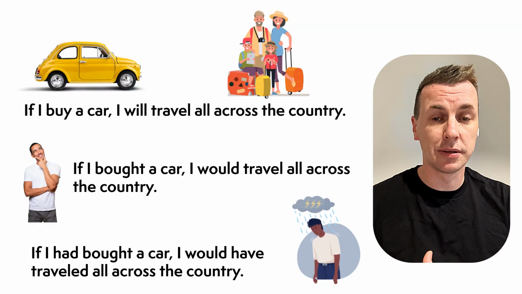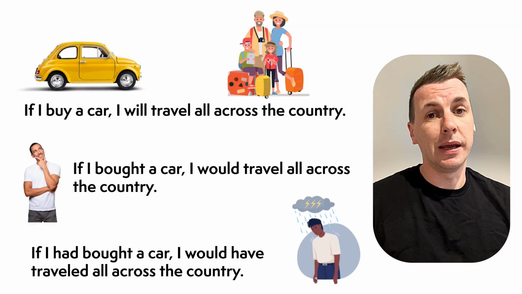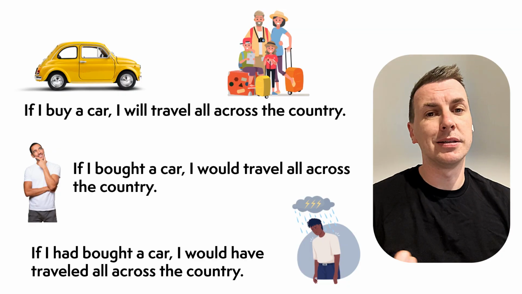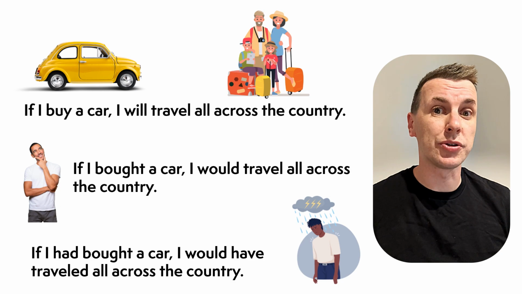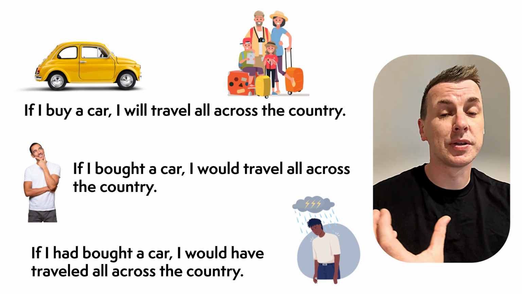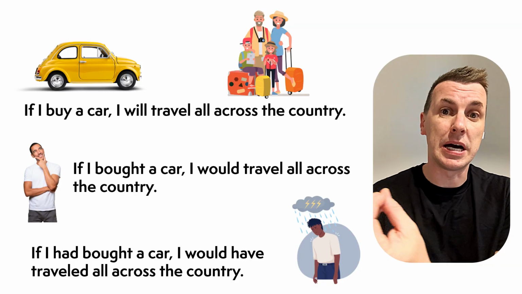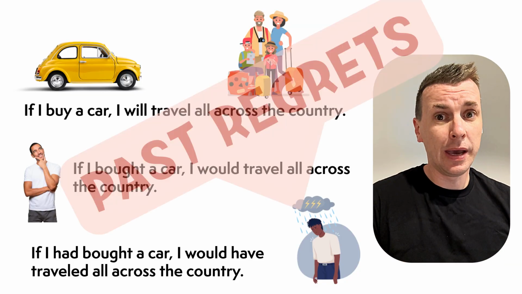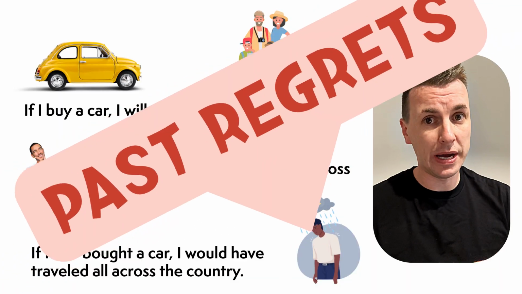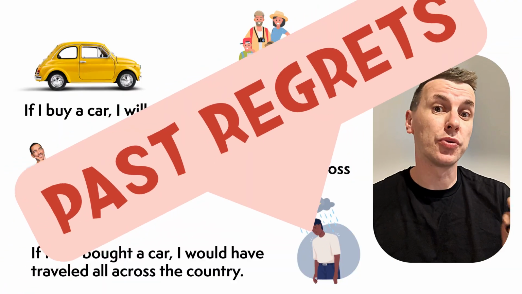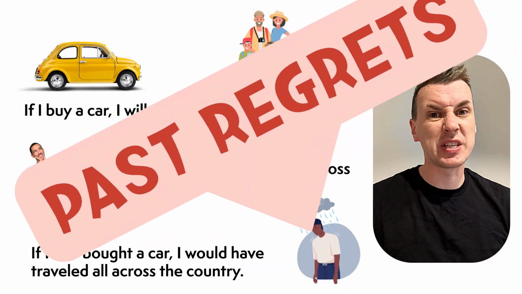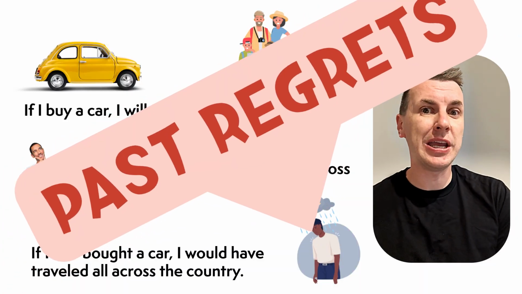I couldn't get it back in the day. And because of that, I didn't have a possibility to travel across the country. So it's a regret. This is the past that I cannot change. Okay? And it brings us to the idea why to use conditional three. You talk about past regrets, you talk about something that you cannot change anymore.